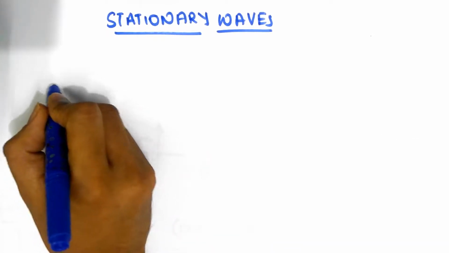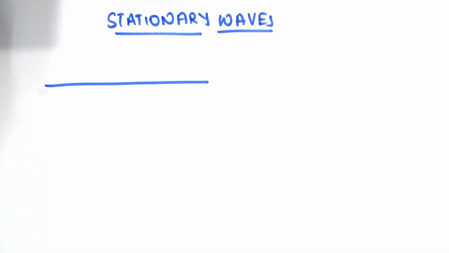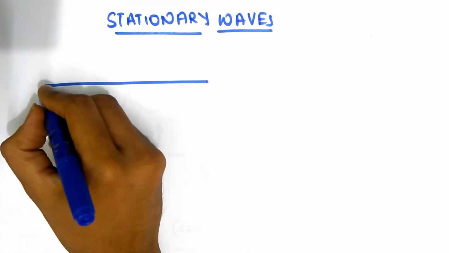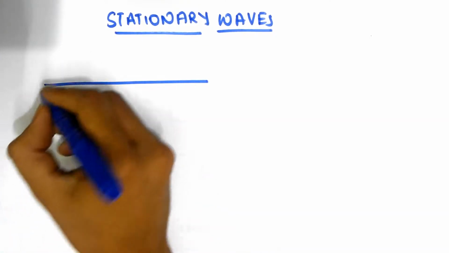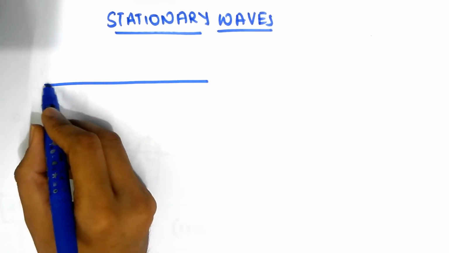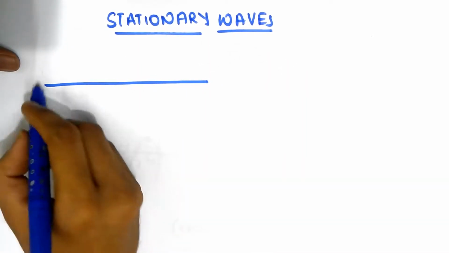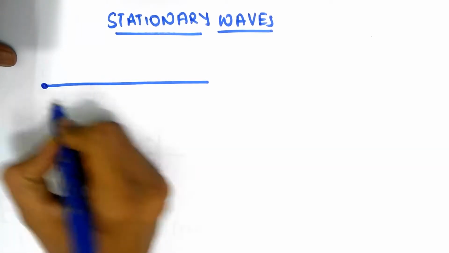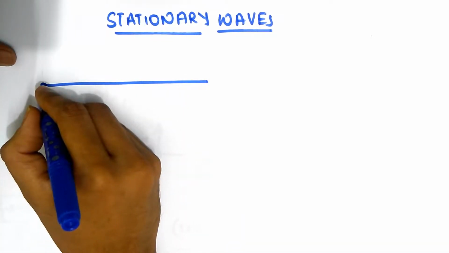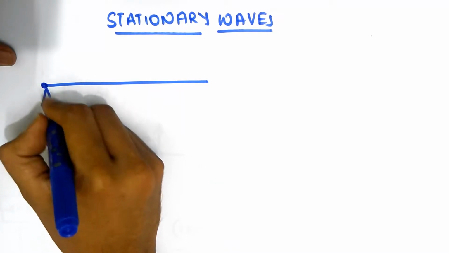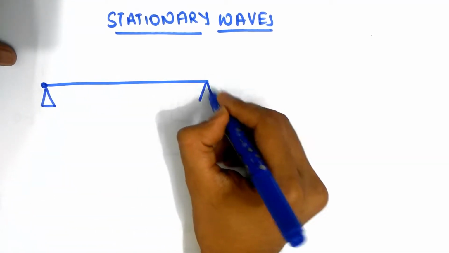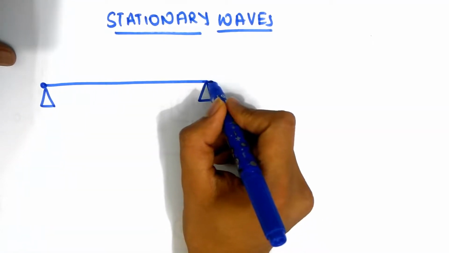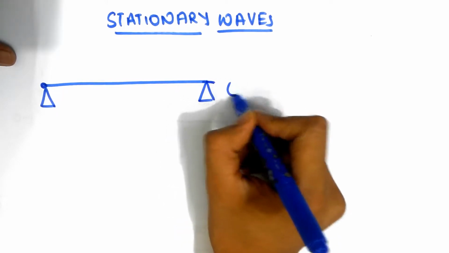If I have a string and I clamp it between two ends, that can be done in many ways. I can physically tie it between two walls, or I can have a wire and fix it at one end, and then use two knife edges. One knife edge over here, another over there, and the wire goes over those, and then you have a pulley here.